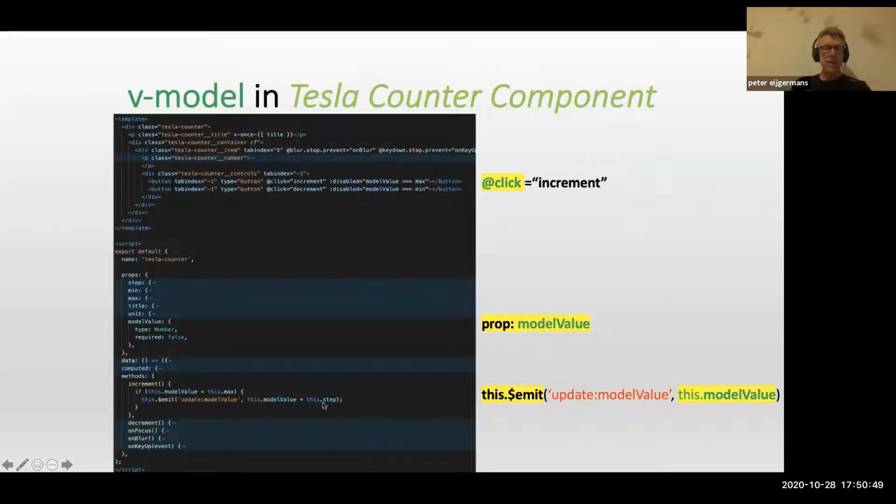And I do a step extra. Where will this increment method be executed? It will be executed via an onClick event in the template of the Tesla counter component. So this is how you define an onClick event in Vue.